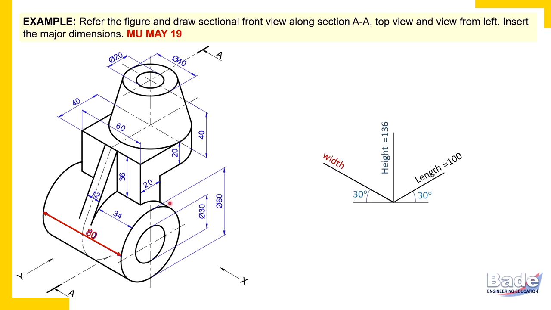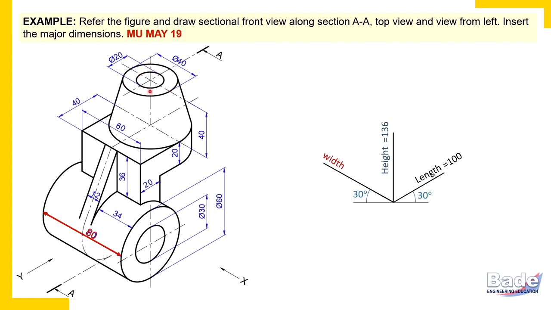Okay, watch here. When you can identify different portions of the object, then consider it a very simple problem. Check here, there is a cylinder at the base, a hollow cylinder. There is a cone at the top, not a complete cone, it is a truncated cone or frustum of a cone.